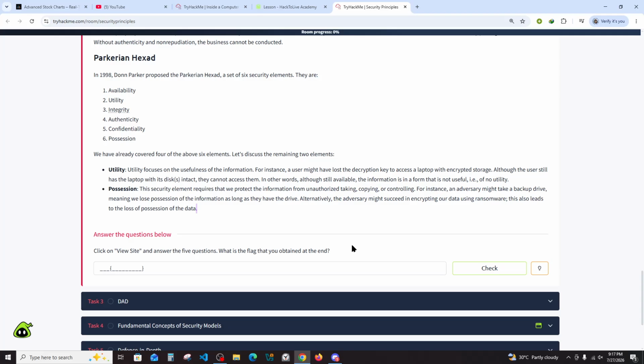For instance, an anniversary might take a backup drive, meaning we lose possession of the information as long as they have the drive. The compression of drive to the now the alternatively the adversary might succeed in encrypting our data using ransomware. This also leads to the loss of possession of the data.